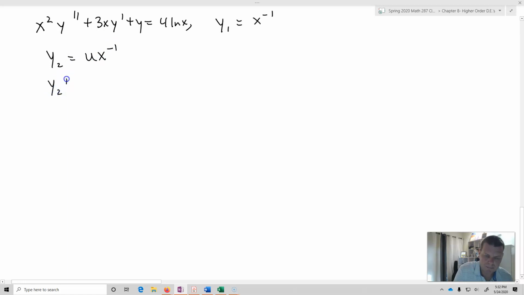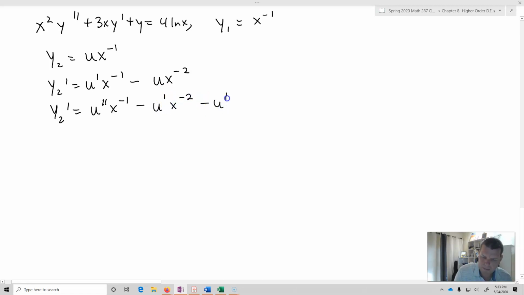So y2 prime is going to equal u prime x to the negative 1, minus u x to the negative 2. And y2 double prime is going to equal u double prime x to the negative 1 minus u prime x to the negative 2 minus u prime x to the negative 2 plus 2u x to the negative 2. Or u x to the negative 3, excuse me.